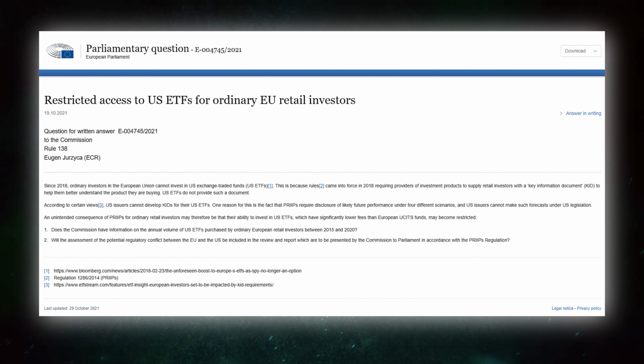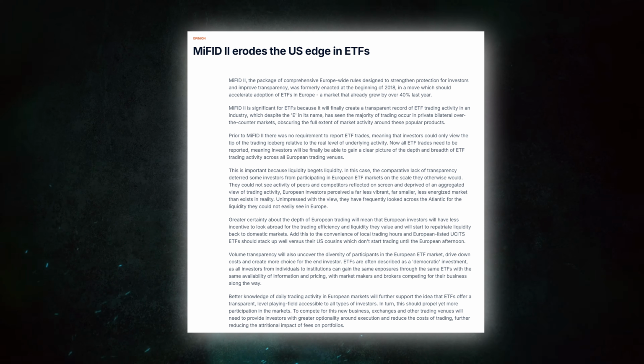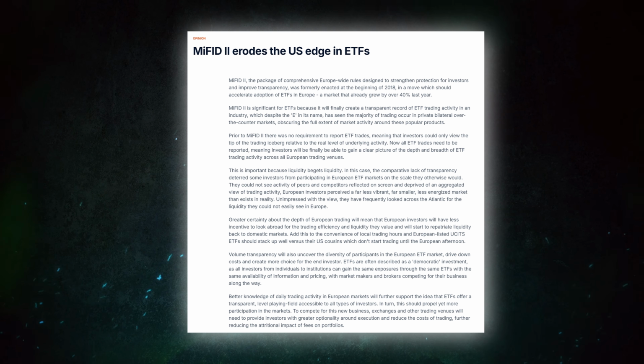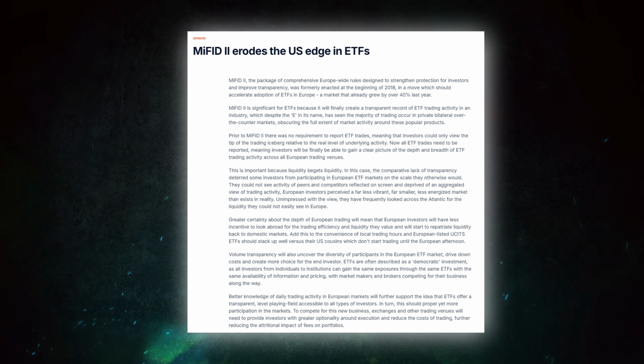This is where things get tricky for European investors, and here's the reality. European investors are restricted from buying certain US ETFs directly. So why is this? It all comes down to regulations, specifically something called MiFID II. In Europe, ETFs must provide a document known as the Key Information Document, or the KID, in the investor's native language.